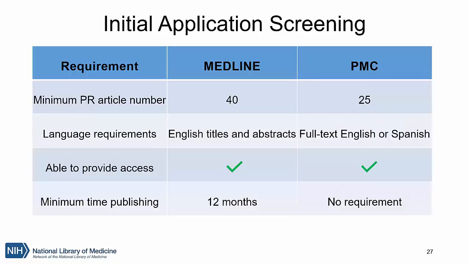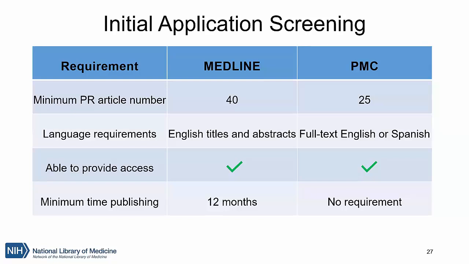This slide compares and contrasts the initial application screening requirements for Medline and PMC. Medline journals are required to have a minimum of 40 peer-reviewed articles, and PMC is required to have 25. Medline requires English titles and abstracts, while PMC accepts full-text English and Spanish articles.